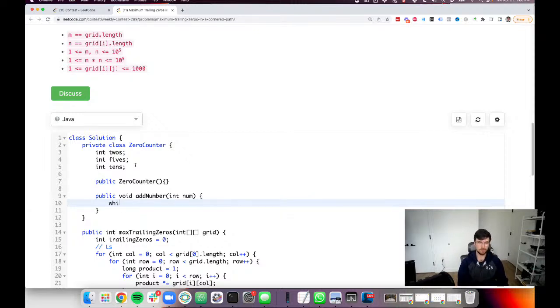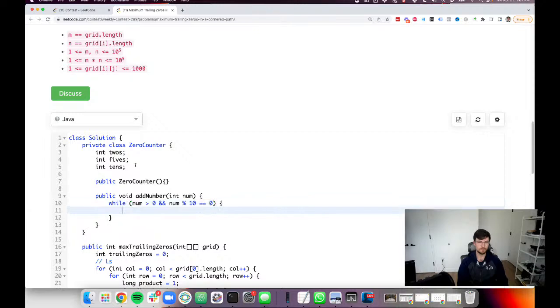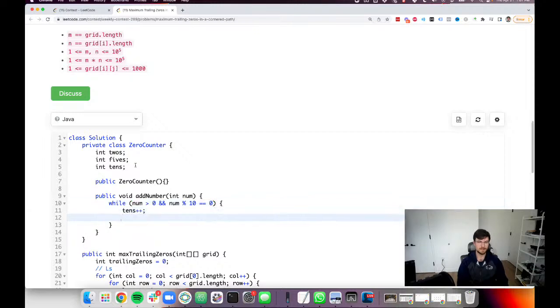So it'll be like: while num is greater than 0 and num mod 10 is equal to 0, tens plus plus and num divided by equal 10.